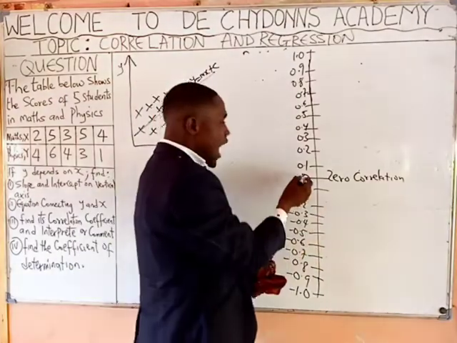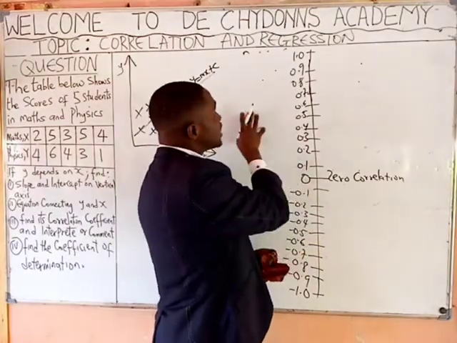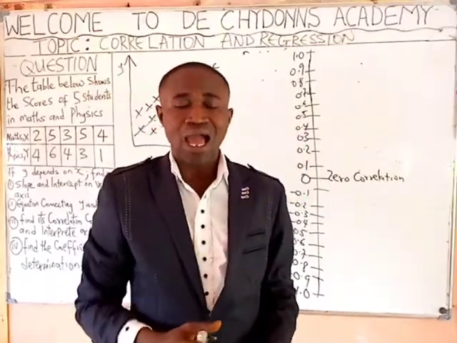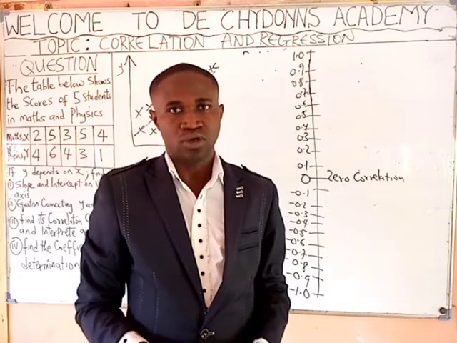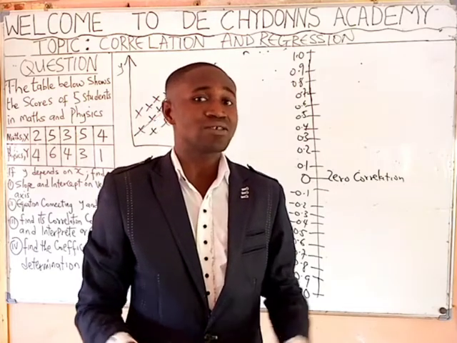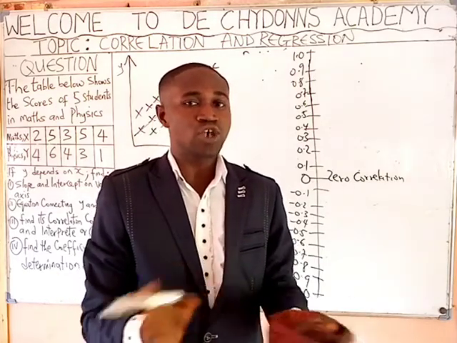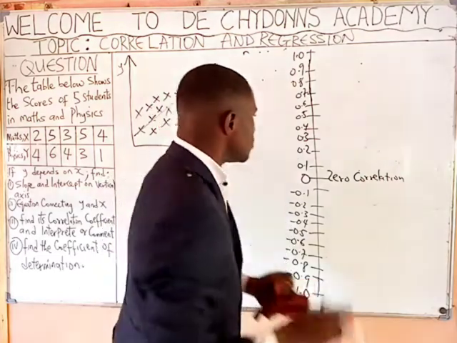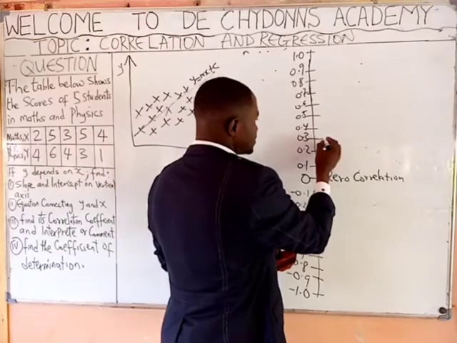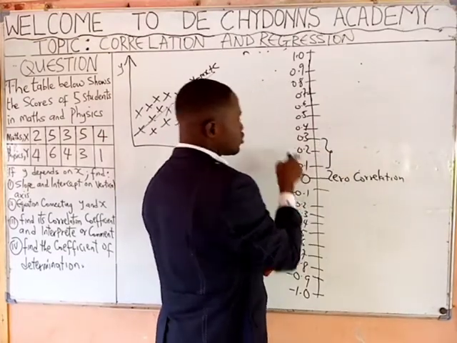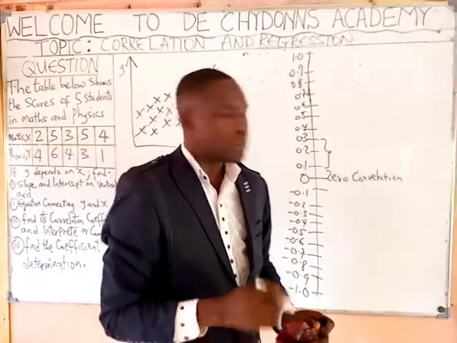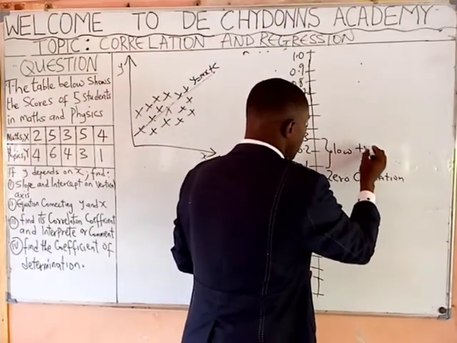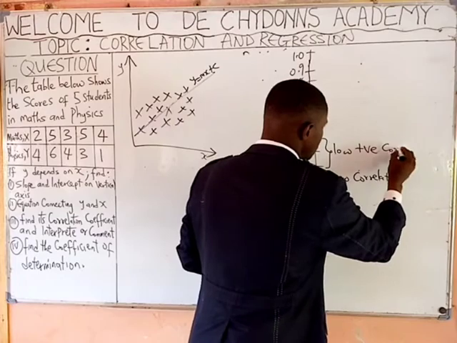Now, after calculating the correlation coefficient with any of the formulas we just listed, if you get 0, the implication is that there is no relationship between the two variables. When it falls between 0.1 and 0.3, the implication is that there is low positive correlation.